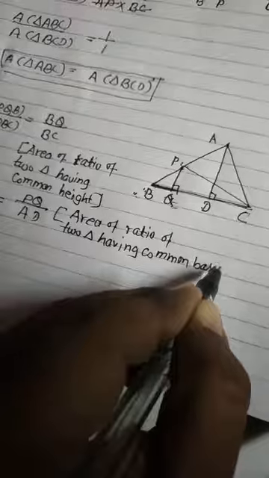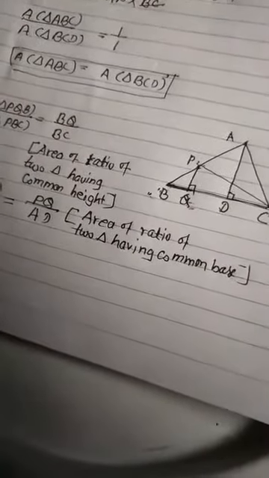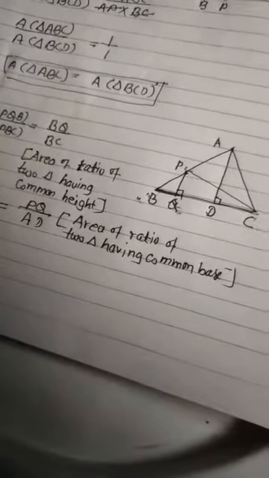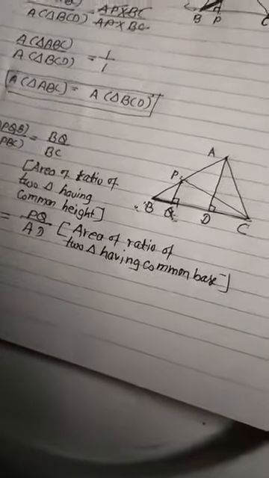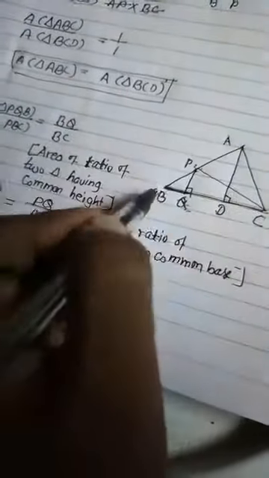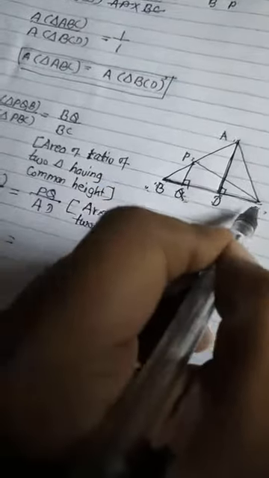Correct? Now the third one: the area of triangle ABC upon the area of triangle ADC. For ABC and ADC, what is common in both? The height is common. So which ratio do we use? The base ratio.